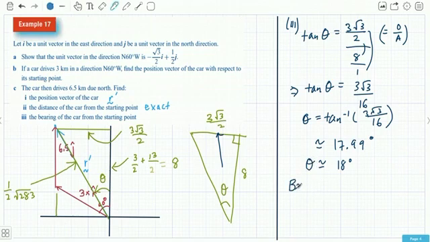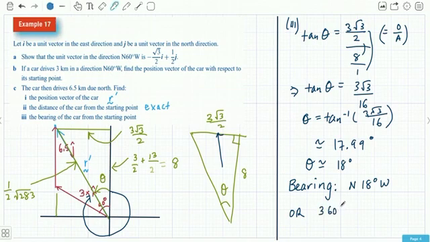So the bearing, there's two ways to do the bearing. You could do it either as north 18 degrees west, or you could do it as a true bearing, and that's going all the way around here. So it would be 360 degrees minus 18 degrees, which would be 342 degrees true bearing.